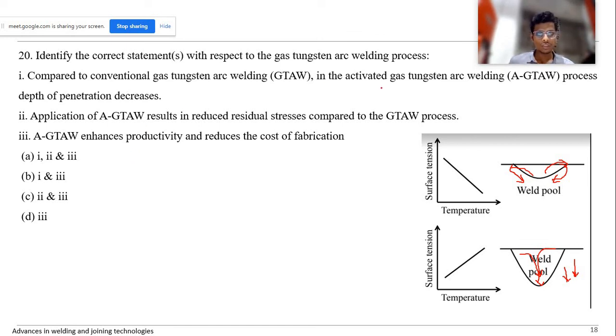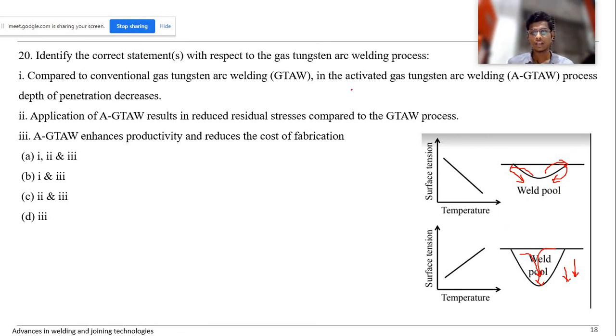Compared to GTAW, in activated flux tungsten arc welding, the depth of penetration decreases. No, actually it's the reverse. So statement 1 is incorrect. Statement 2: application of the flux results in reduced residual stress compared to GTAW. Reduced residual stress, because the current required is less. Since the current required is less, obviously heat input will be less.